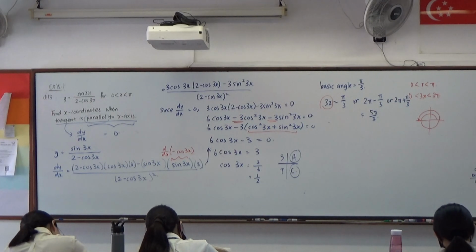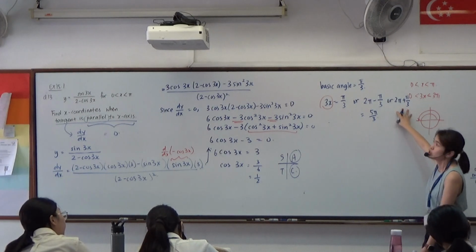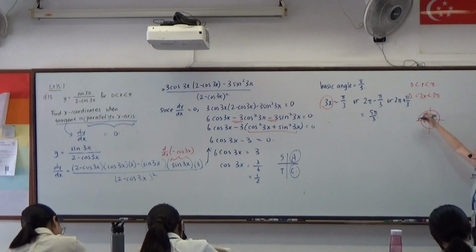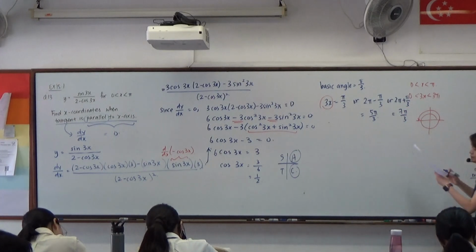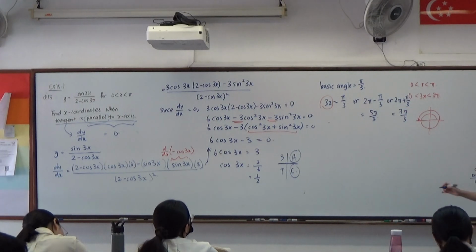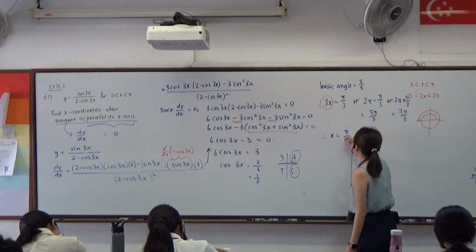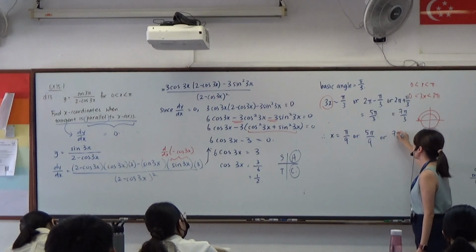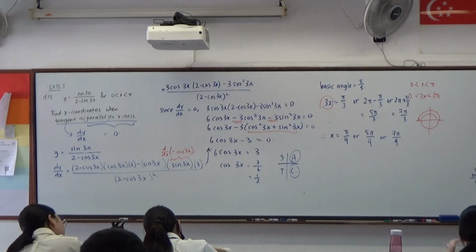This is the part where most people tend to forget, to check your intervals, check your number of cycles. Hence you will have 7 pi over 3. And therefore x would be equals to pi over 9, 5 pi over 9, or 7 pi over 9, where we divide each of the 3 angles by 3.